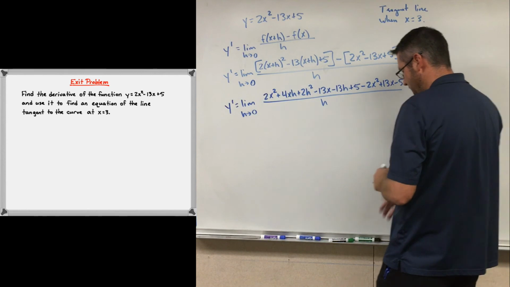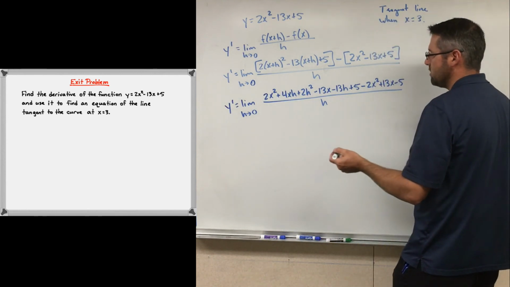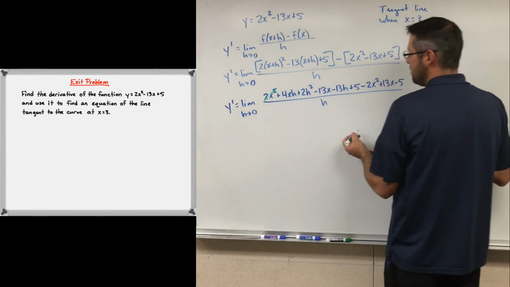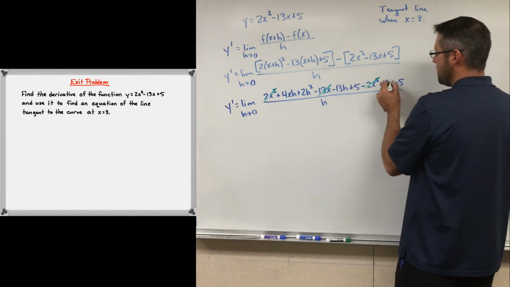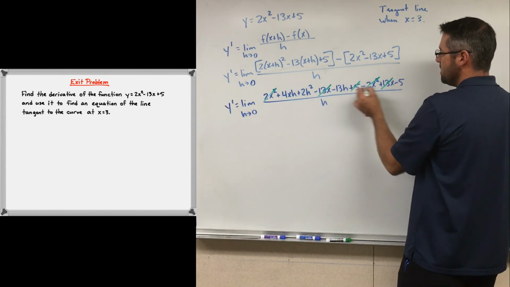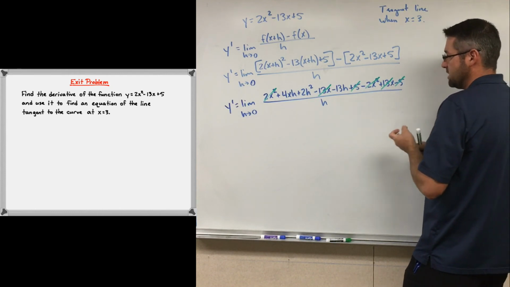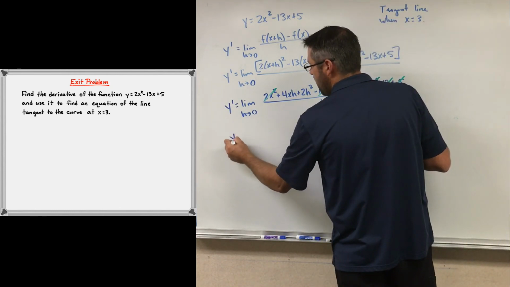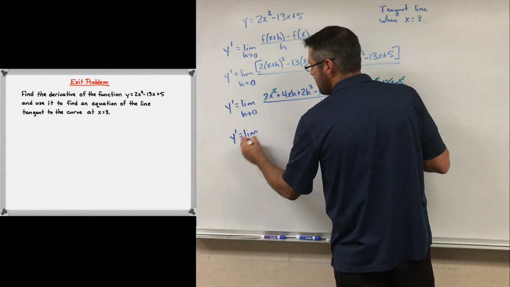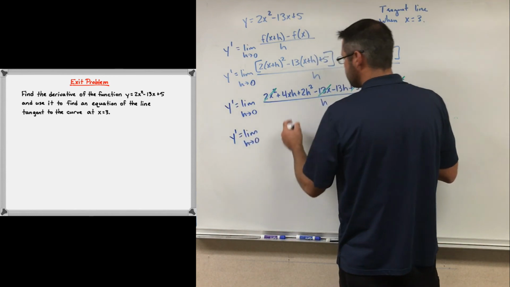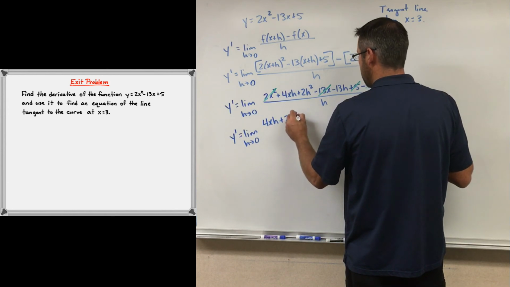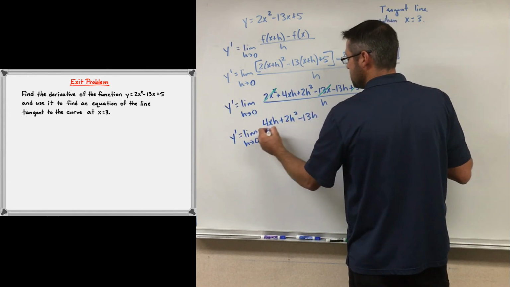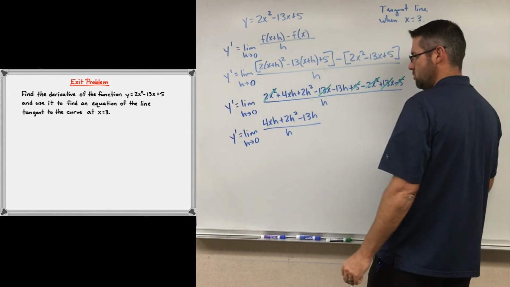And if we did this right, we should see a bunch of things cancel out at this point. The 2x squared and the negative 2x squared. The negative 13x and the positive 13x. And the positive 5 and the negative 5 all cancel out. And so we're left with y prime equals the limit as h approaches 0 of 4xh plus 2h squared minus 13h all over h. Whew!